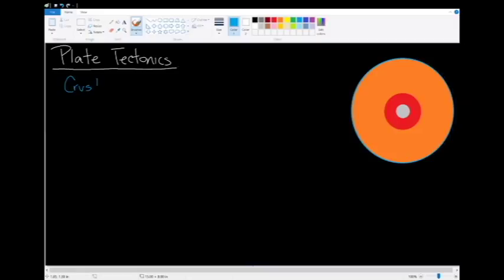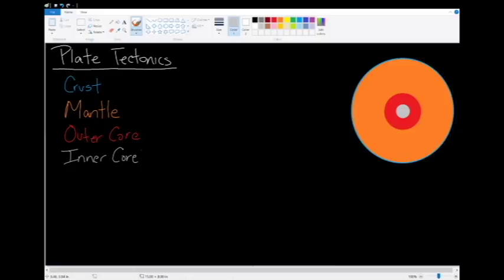We have the thicker section, the mantle, that's the orange section there. After the mantle, we start getting more dense and hotter, and we have what's called the outer core, because, well, it's part of the core and it's on the outside. And then we have the inner core on the very inside of the Earth.